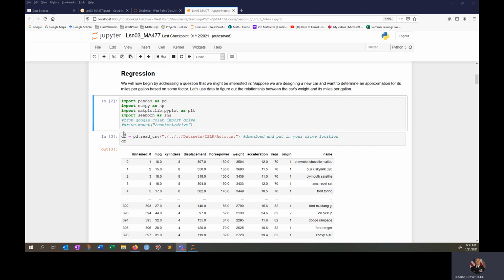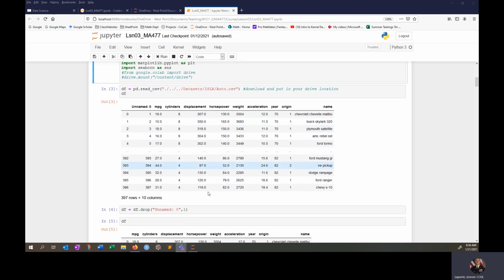All right, so I call it df, for data frame. That's a very common thing to do. So I'll read in the data set. You have to download the data set, auto.csv, and put it somewhere on your computer where you can get to it. Mine, obviously, I had to go up twice and then go to data sets and eventually find it. When it comes up, it has this look to it, and I didn't like the fact that it had a number assigned for each vehicle.